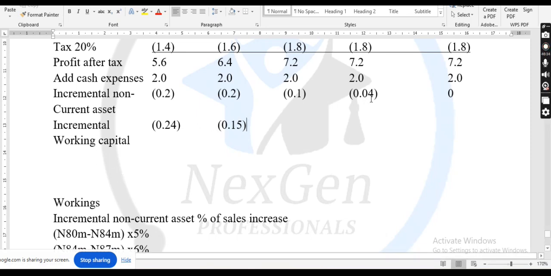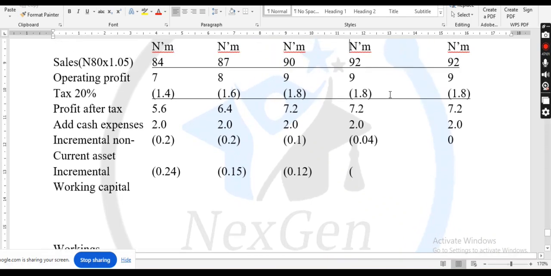Next, 0.12. You know we are not consistent with our decimal places, right? Okay. What do you have here? 0.08.